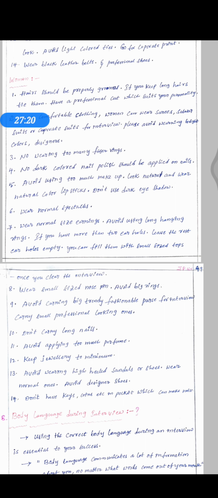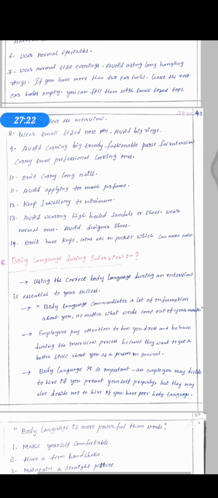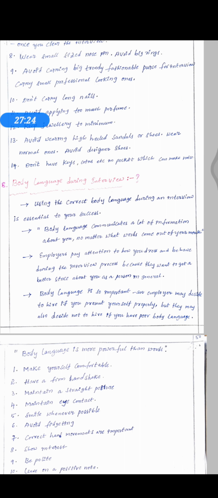And the next important topic, body language during interview. This is also a very important thing. Using the correct body language during an interview is essential to your success.